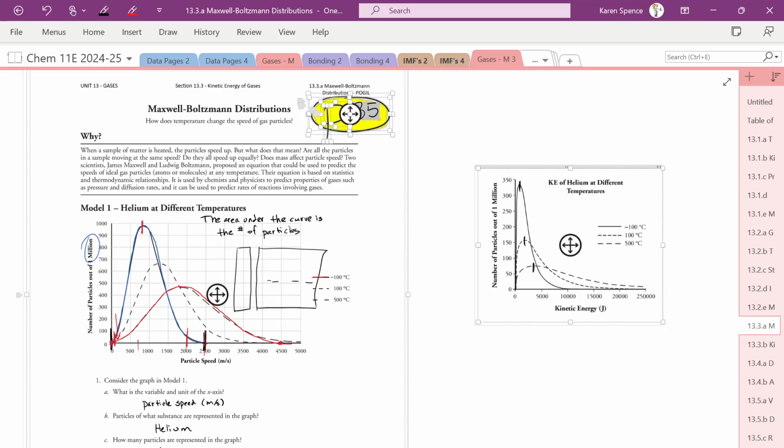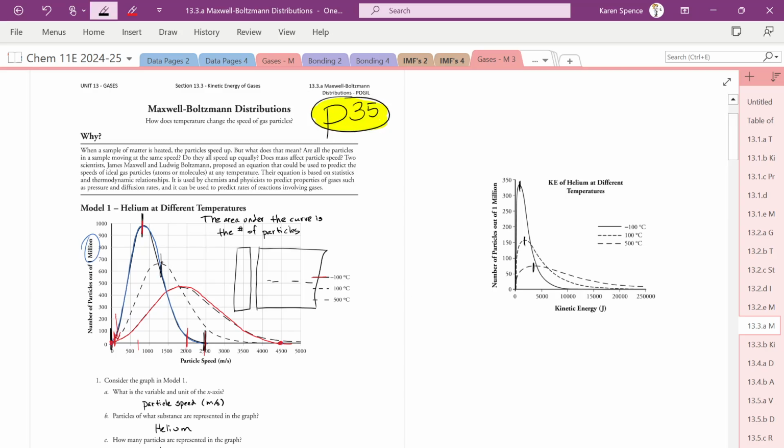Well, in both of them, the average temperature, or sorry, the average speed increases, yes? And the average kinetic energy increases. Okay.